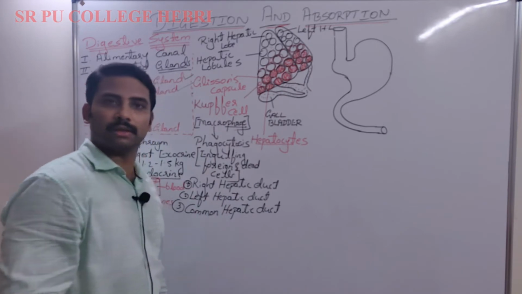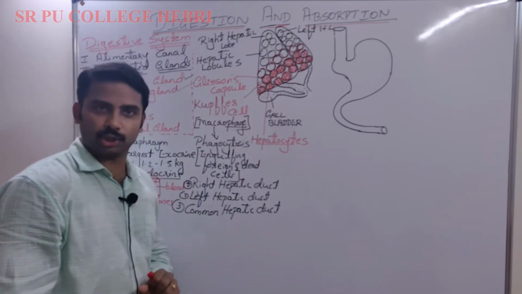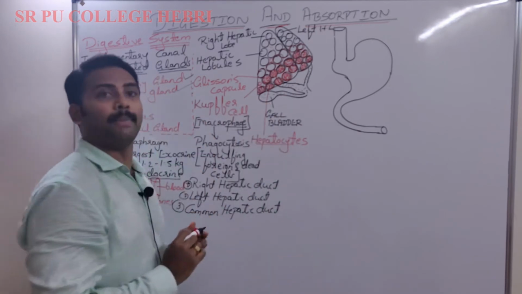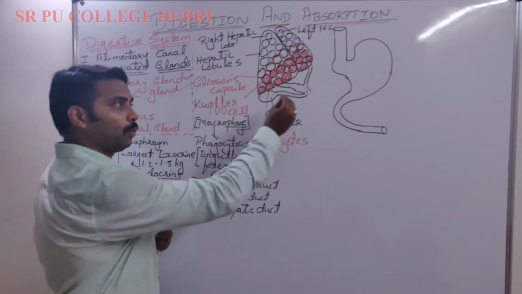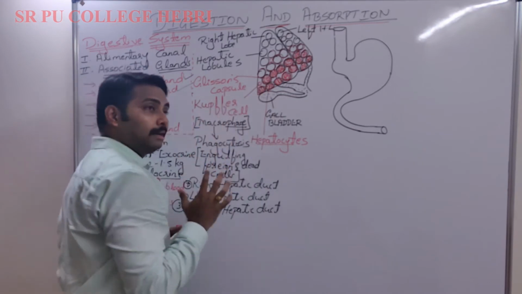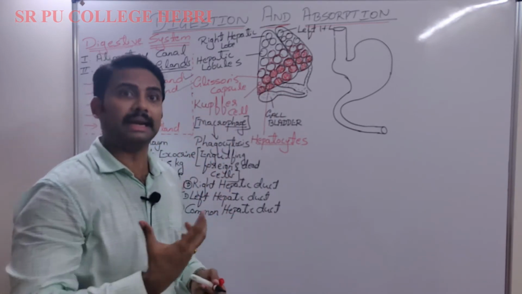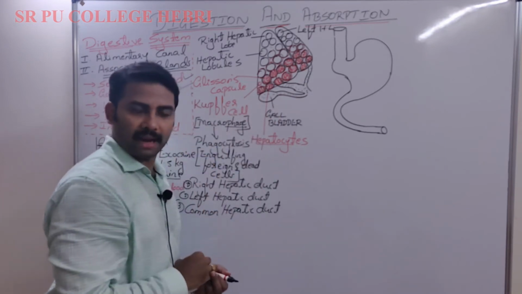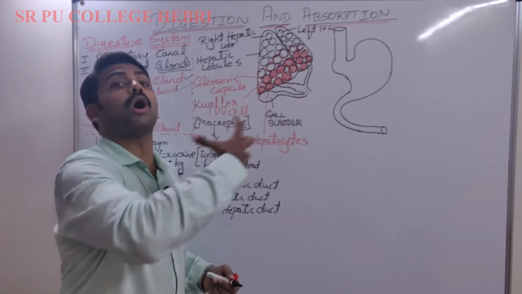Gallbladder helps in storage of the bile juice, number 1. Number 2, concentration of the bile juice. That means while entering, the bile juice was in the dilute state, dilute. When it reached and stored in the gallbladder, it is made concentrated.